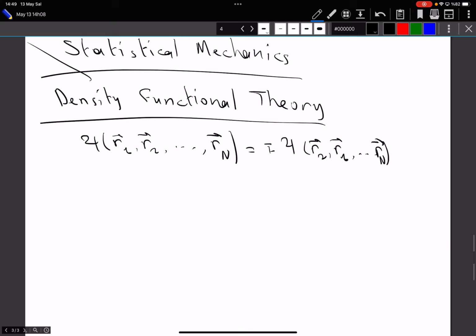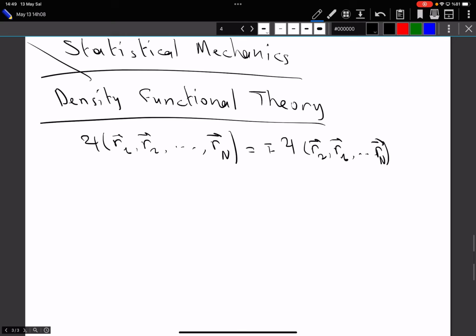For each exchange, you get a minus sign. Just think of it like that. It has to be symmetric or anti-symmetric under the exchange of any pair. Now, if you want to make exchanges of 5 pairs, then it's minus 1 to the 5, because each pair will bring a minus sign.